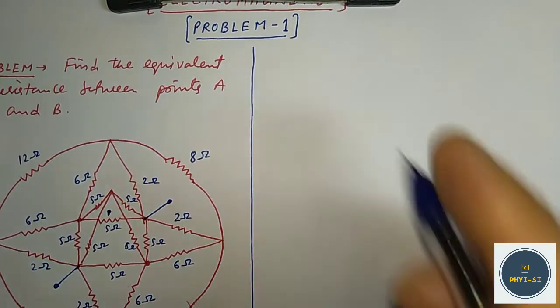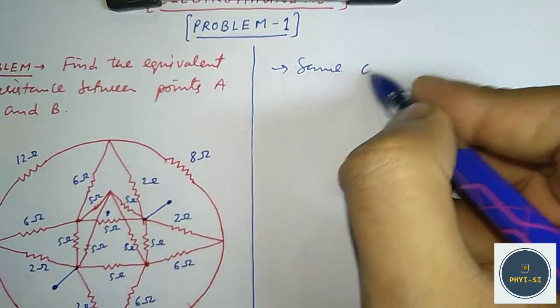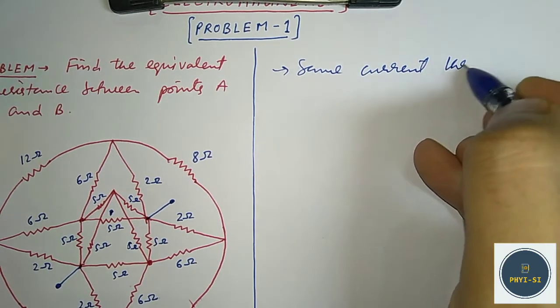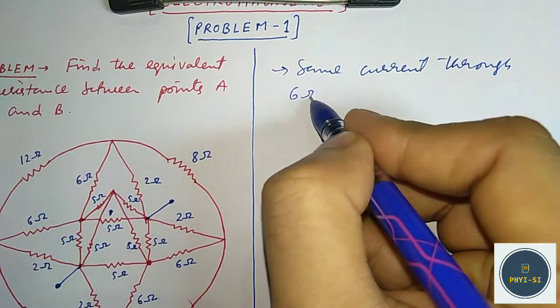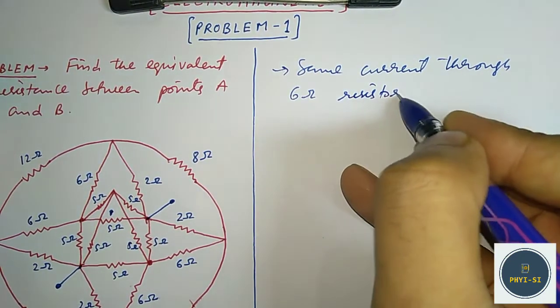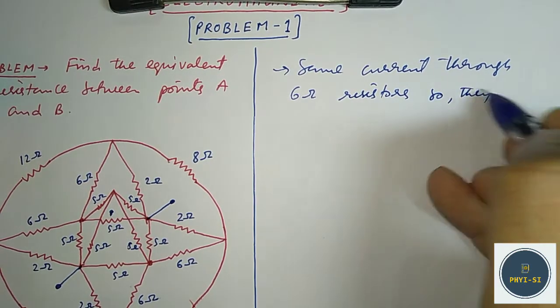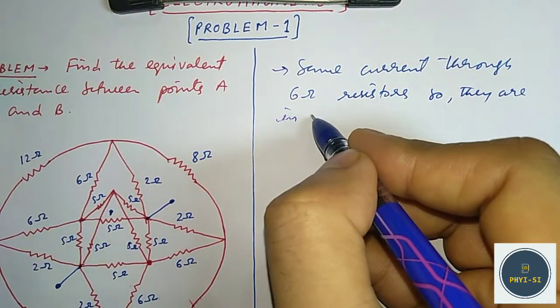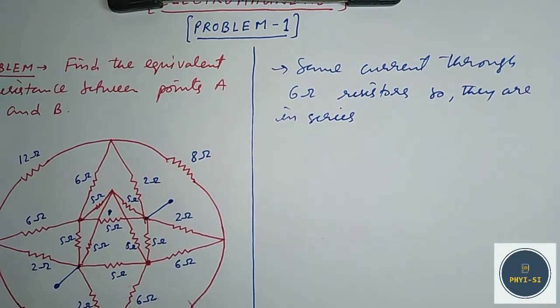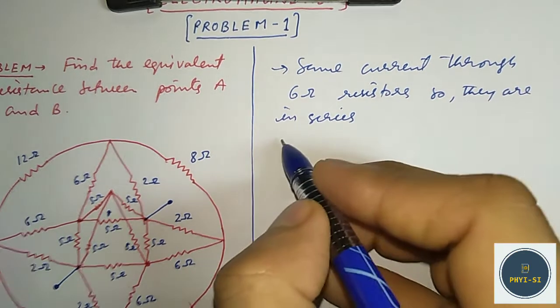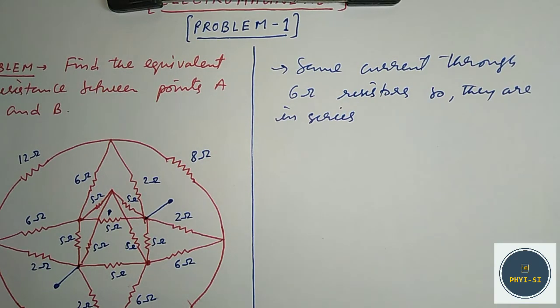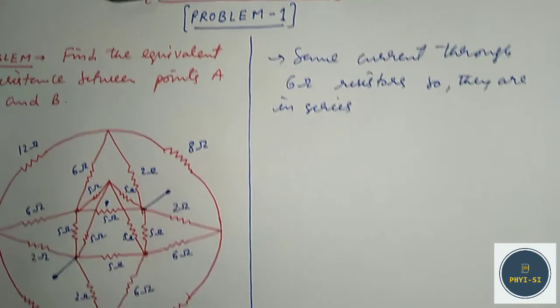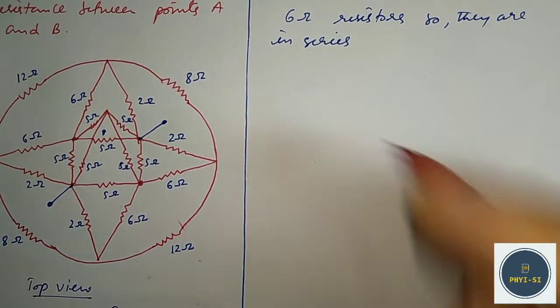Also I can write the same current through the 6 ohm resistors, so they are in series. Now I can make an equivalent easy circuit, and I will not draw those branches in which there is no current. Let's make it.